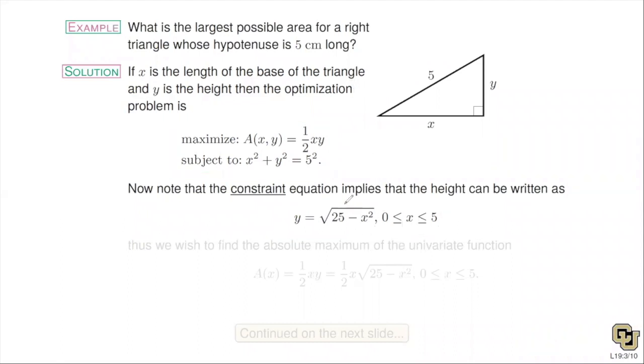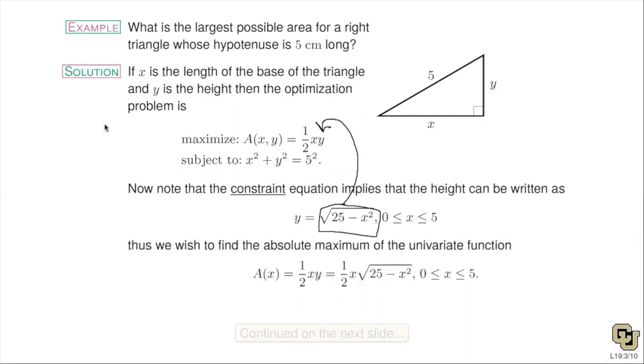So once I plug in this expression for y into our area formula, we will get a function that's completely in 1 variable. And now this converts into a traditional type of extrema problem that we've solved in section 3.1 for absolute extrema or in section 3.3 for local extrema.